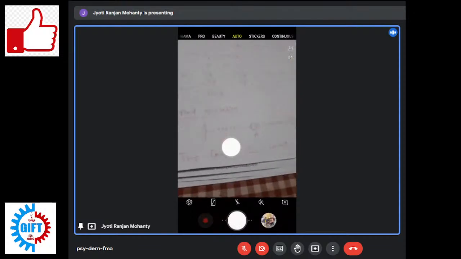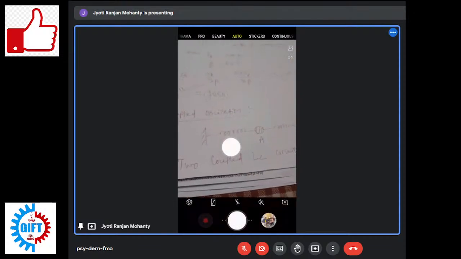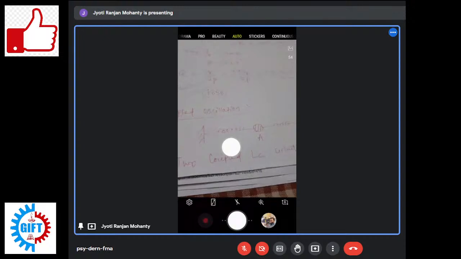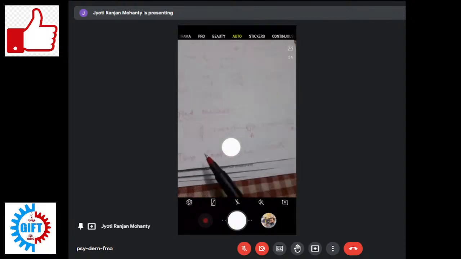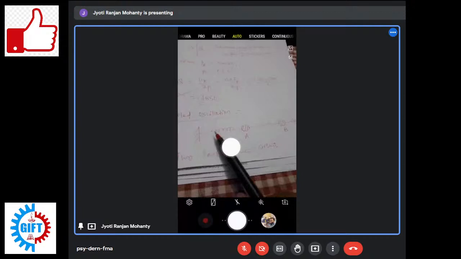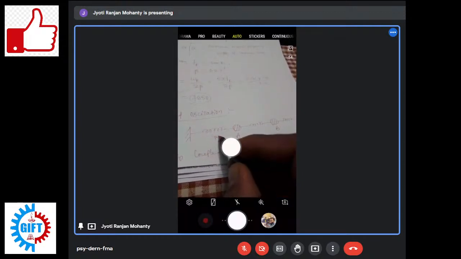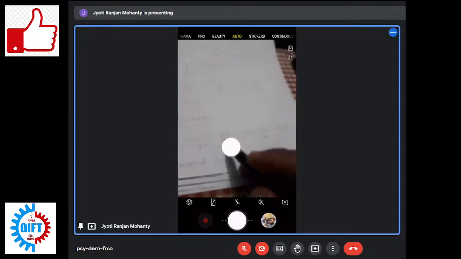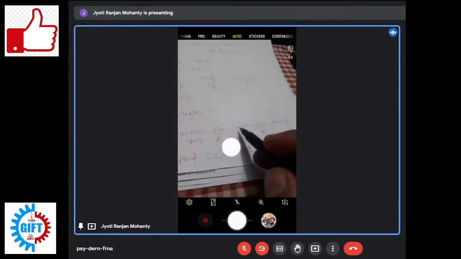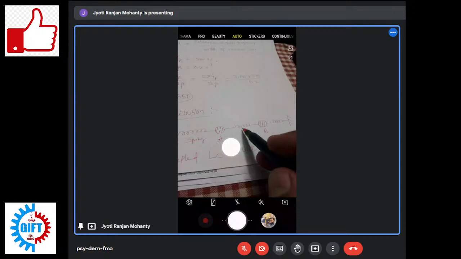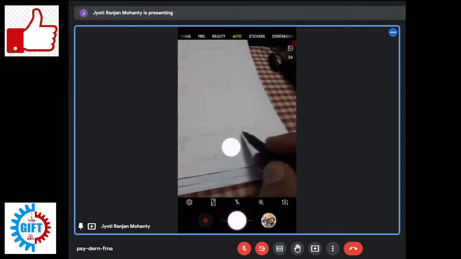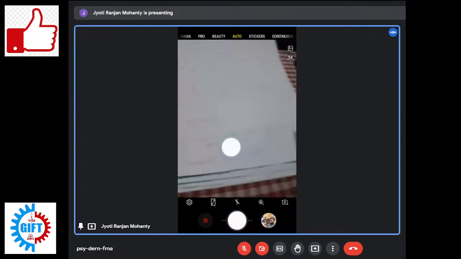Is it visible now? So this is the spring. It is known as a spring. This is body A connected by another spring to body B, then this is the third spring. Okay?